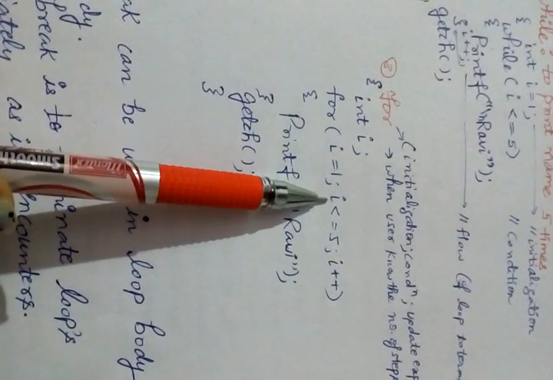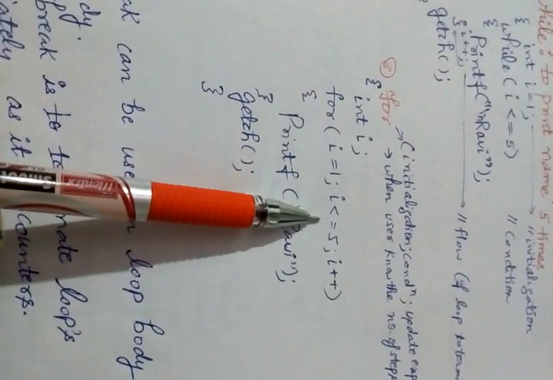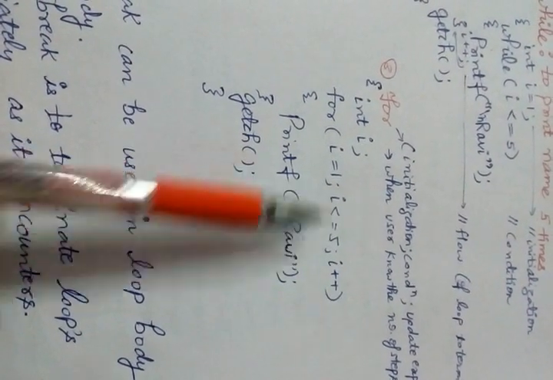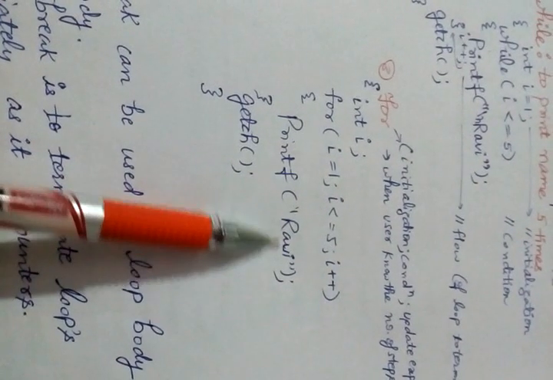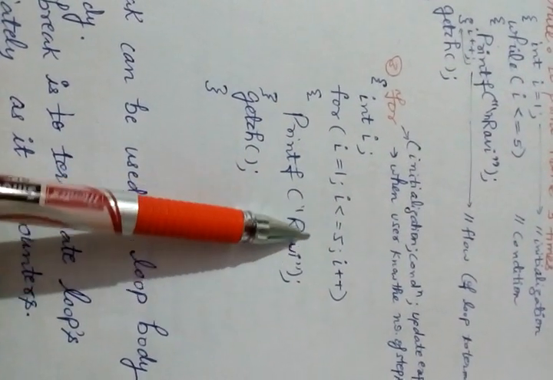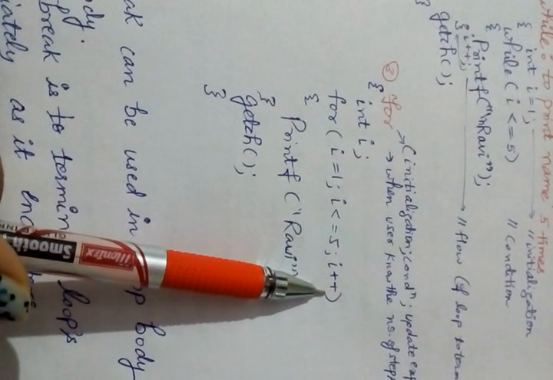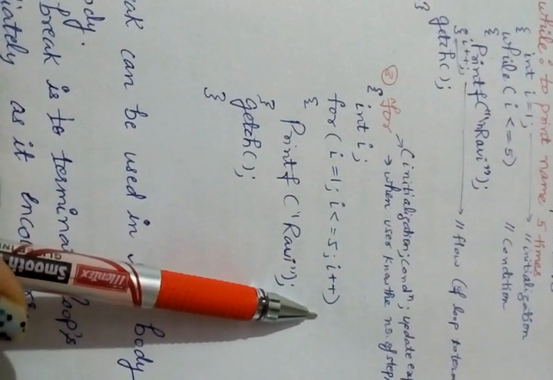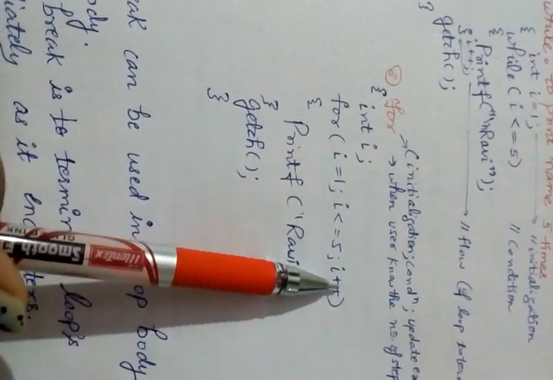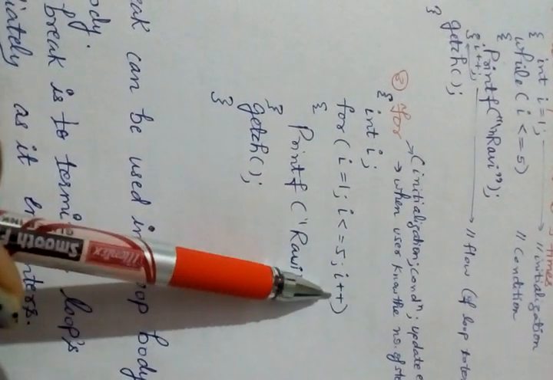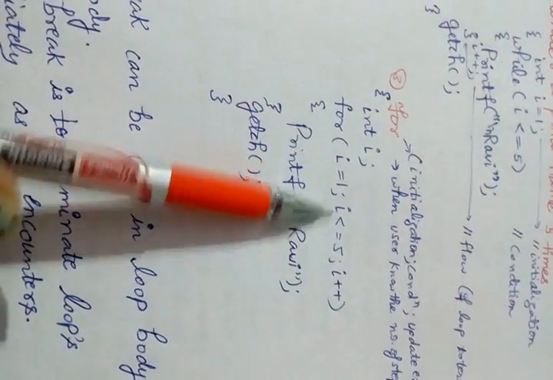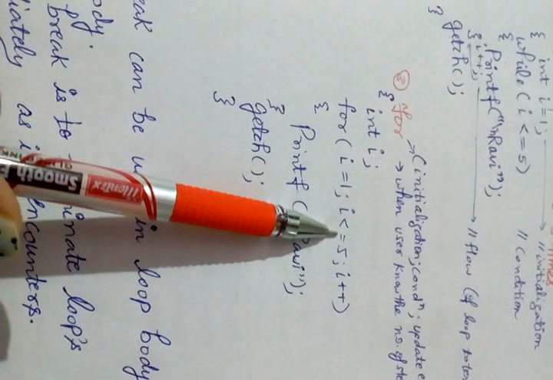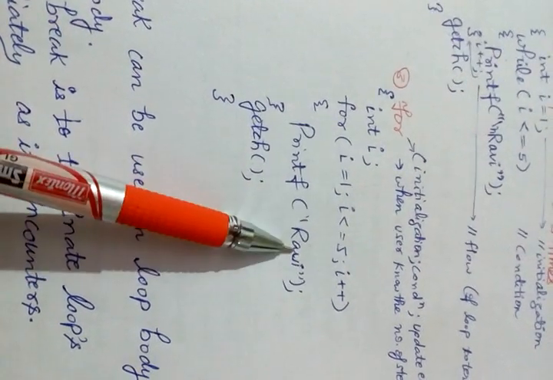So now 2 will be compared: 2 less than or equal to 5. This is also true, so we'll print the name. And next, i plus plus will increment by 1, that is 2 plus 1, 3. So now 3 is compared with 5: 3 less than or equal to 5, true, so printf.